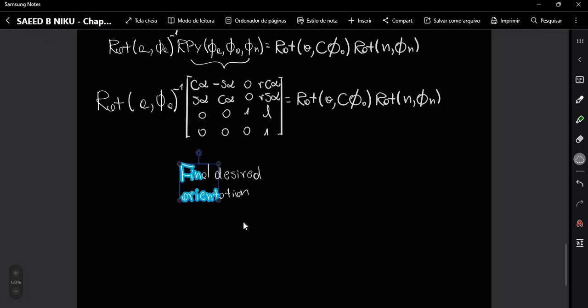Alright, that is the final desired position.